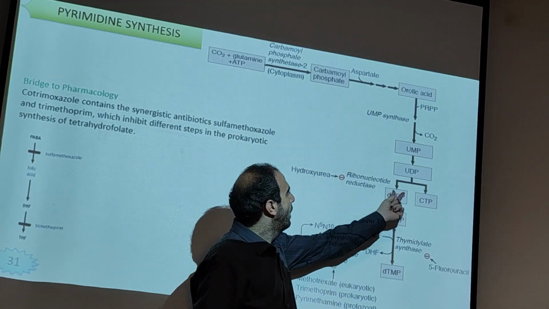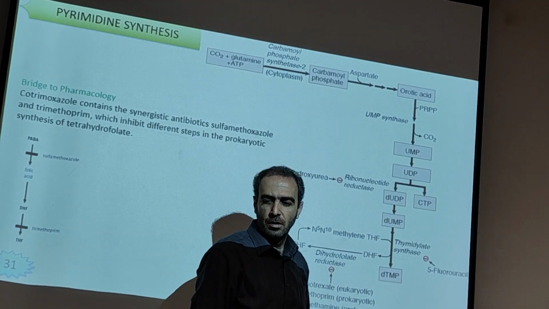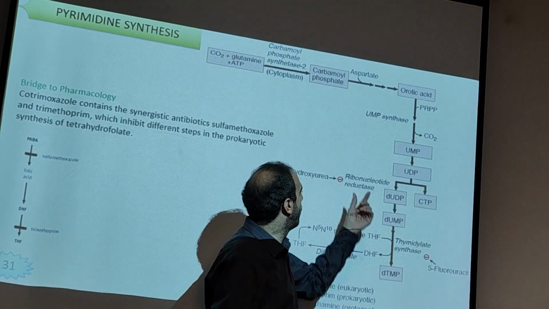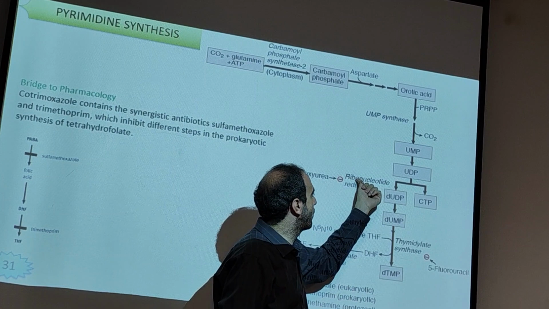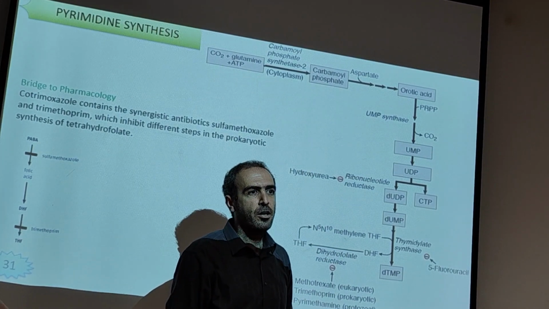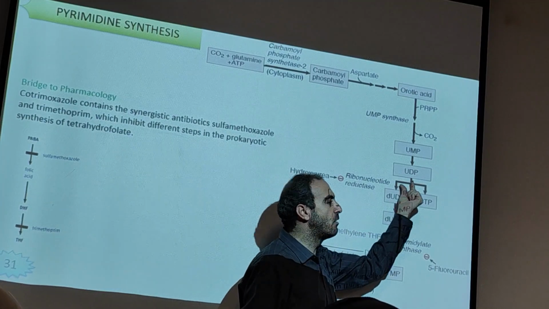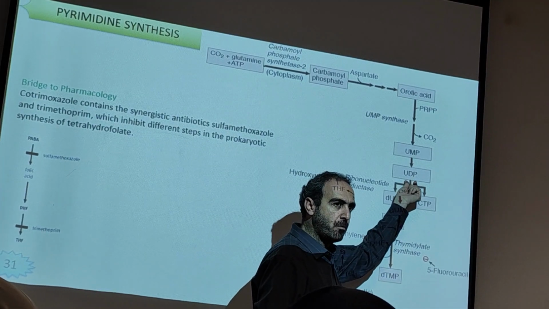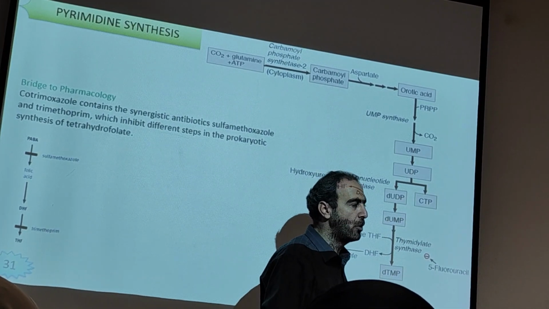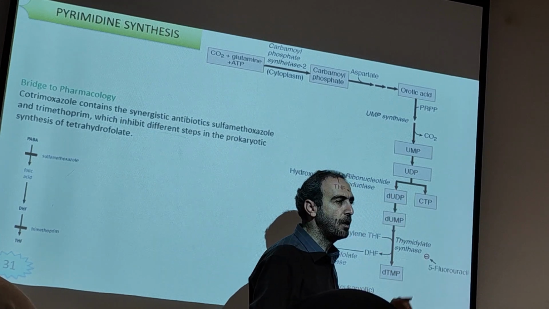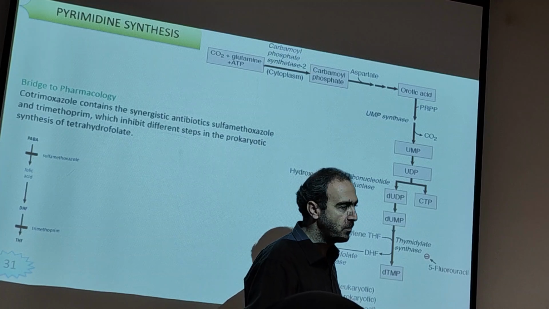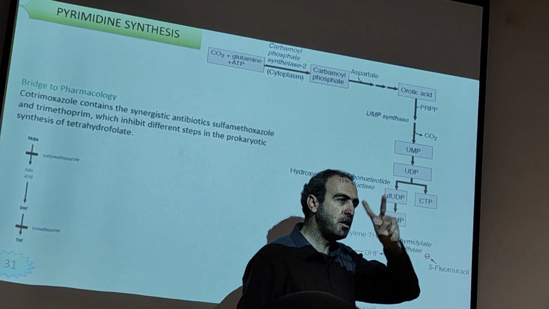So UDP is converted to dUDP, or deoxy-UDP, by an enzyme named ribonucleotide reductase. Ribonucleotide reductase can just convert the diphosphate form of a nucleotide to the deoxy form, for example, UDP to dUDP, ADP to dADP, GDP to dGDP, and like that. It just can act on the diphosphate form.